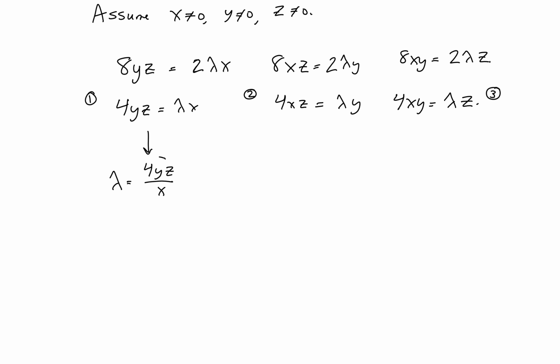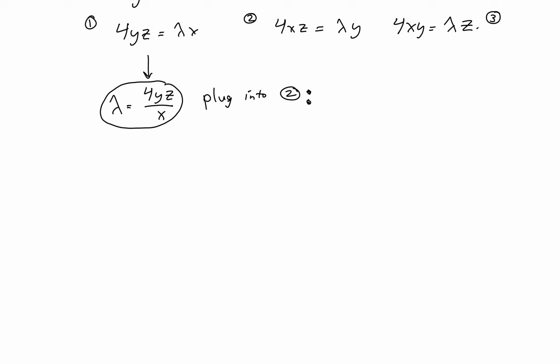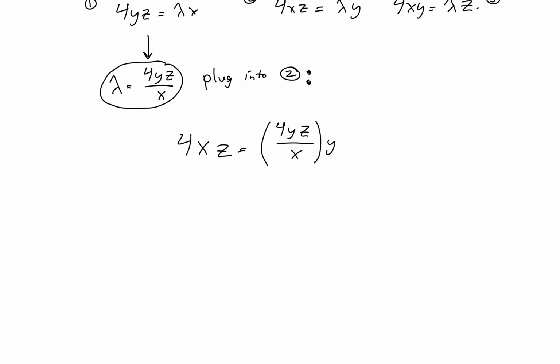And now let's take this and plug into equation 2. So if I do that, I have 4xz is equal to, now replace the lambda, and I have this. So notice a couple things can happen here. I can cancel the 4 from both sides.